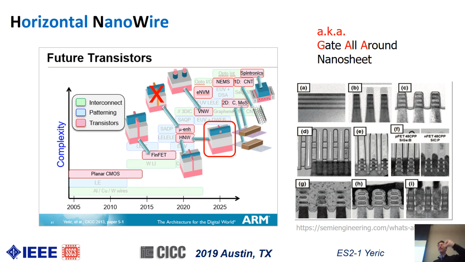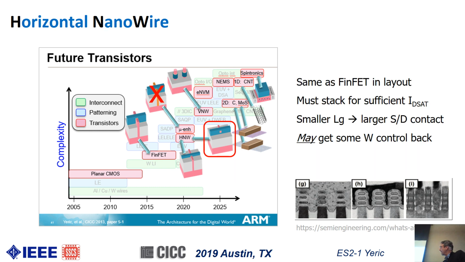So you leave these suspended bridges between your source and drain, and then you have this magical processing ability to put the gate oxide and the gate material all the way around the suspended wires. And that's actually working out pretty well. And so that's what we all fully expect to happen, is this gate all around nanowire, nanosheet type of technology.